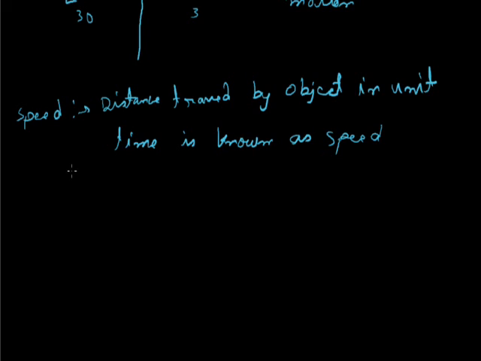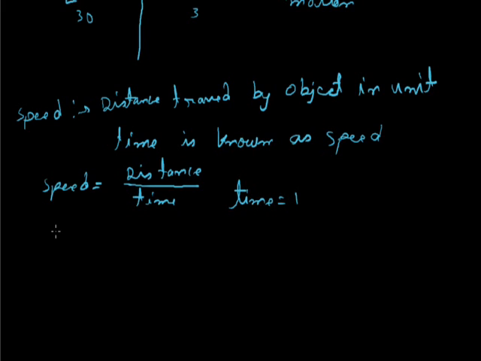So it means speed is equal to distance upon time. And if time is equal to 1, then speed is equal to distance. So this is very clear to you.